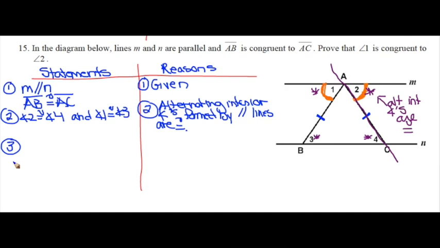Now I can go to step 3 and go directly to saying that angle 3 must be the same thing as angle 4. Do you know why? Base angles of an isosceles triangle are congruent.